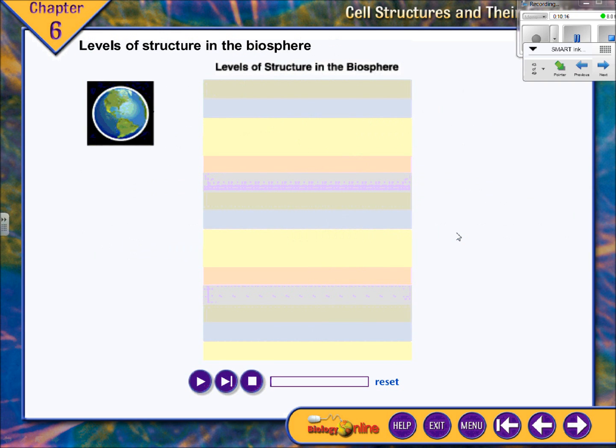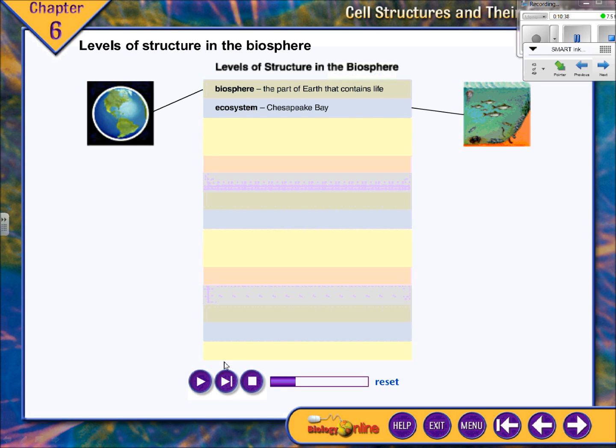Okay, so matter in the biosphere is characterized by increasing levels of organization and complexity. Each higher level of order requires a greater input of free energy for its maintenance than the level below it. Starting at the top organizational level, the biosphere is the part of Earth that contains life. An ecosystem is a region within the biosphere, such as the Chesapeake Bay.